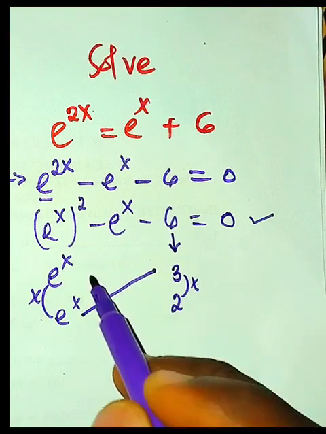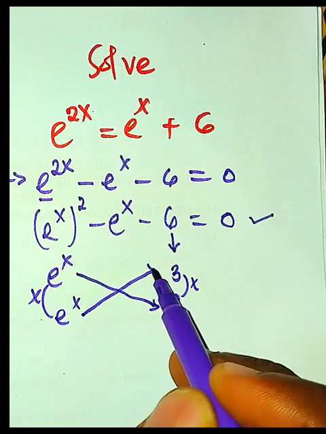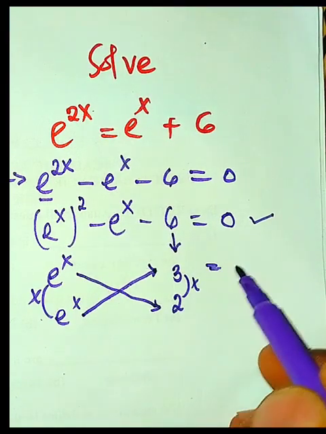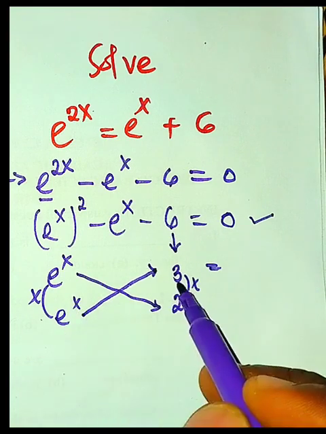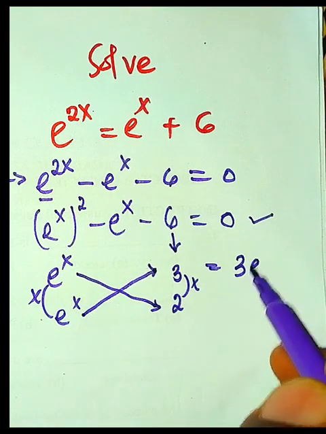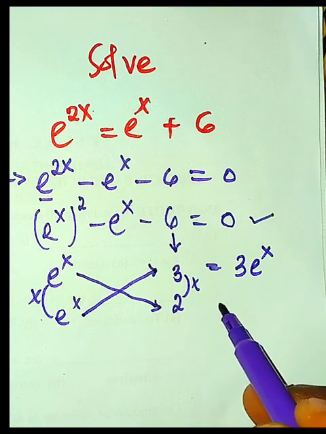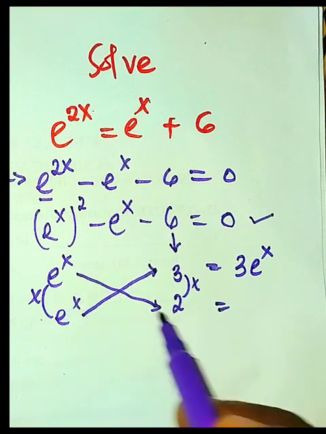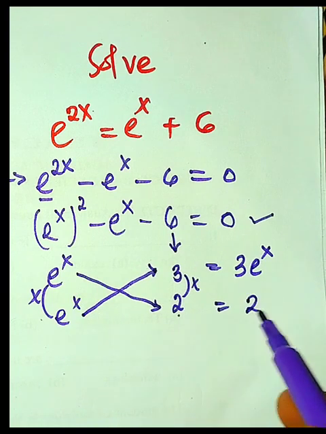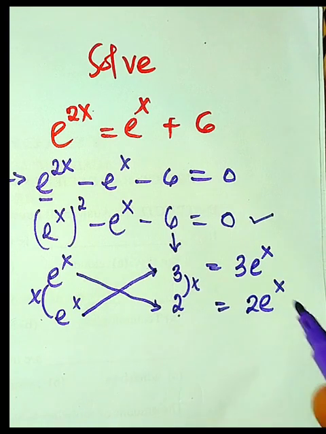So I do cross multiplication. From here, e^x times 3 gives 3e^x, and e^x multiplied by 2 gives 2e^x.